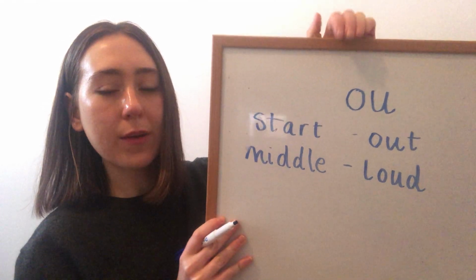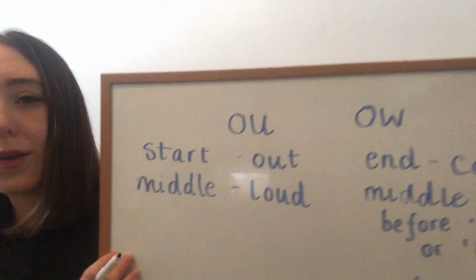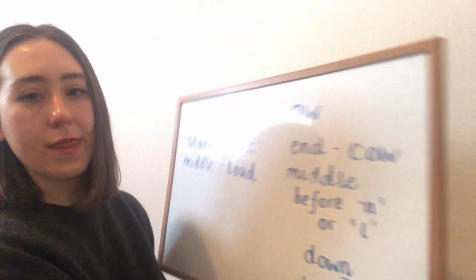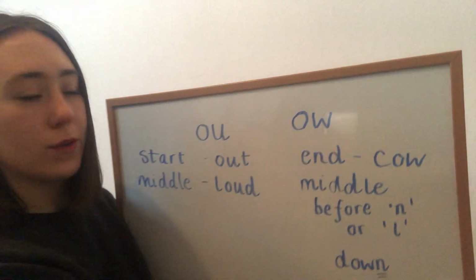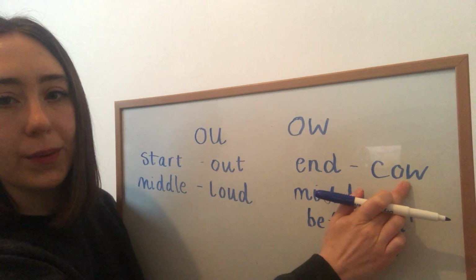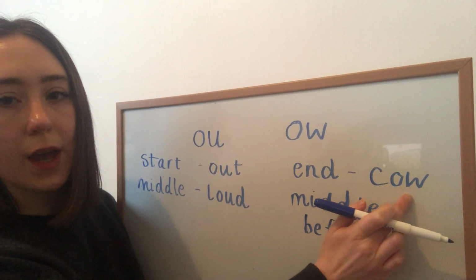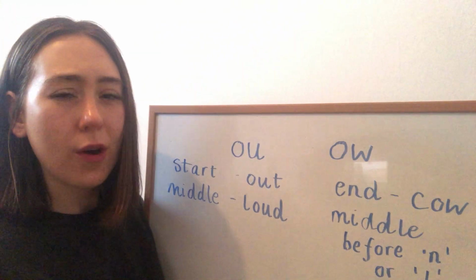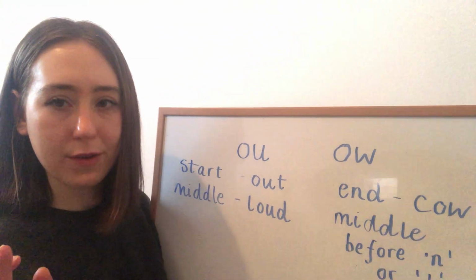Now, when we start to think about when we might use ow, it's normally at the end of a word. So for example, cow, c-ow. But it's also sometimes in the middle of a word.